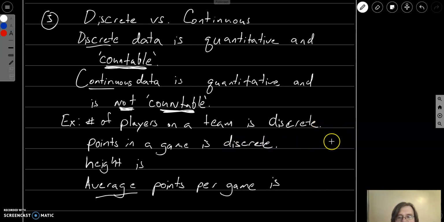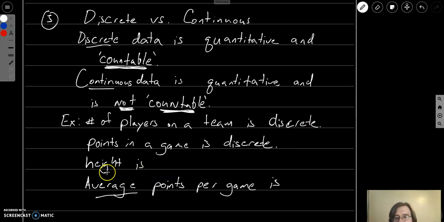One easy way to check is that you can always talk about the next number when you're talking about discrete data. If there are 12 players on a team, the next bigger team that you could construct would have 13 players. If you scored 27 points in a game, the next amount of points you could score is 28. There's always a next number in a discrete list.